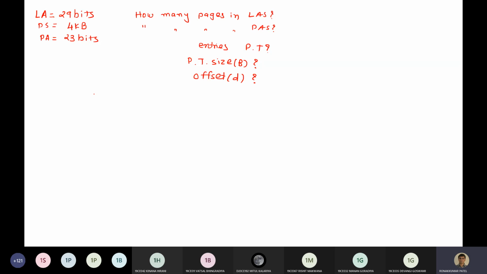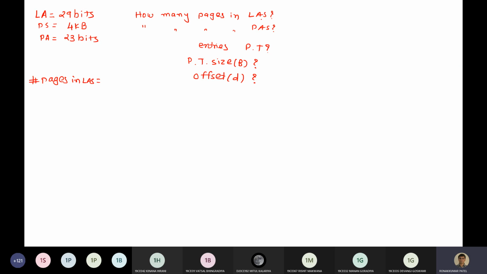Now, how many pages in logical address space? Right. So the number of pages in logical address space is equal to what you require. This is at the CPU side. So you are dividing your process, and the question is how many pages in logical address space, meaning how many pages of your process.